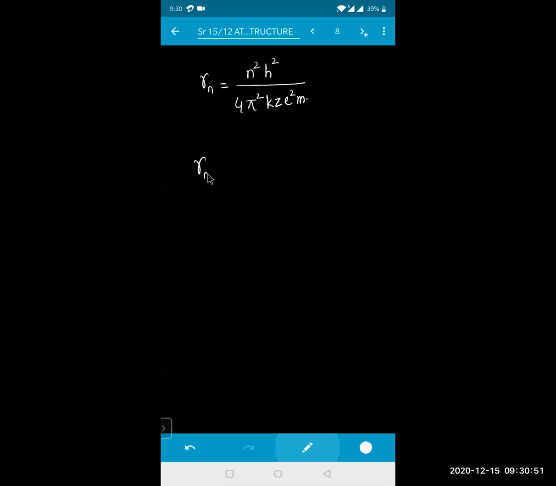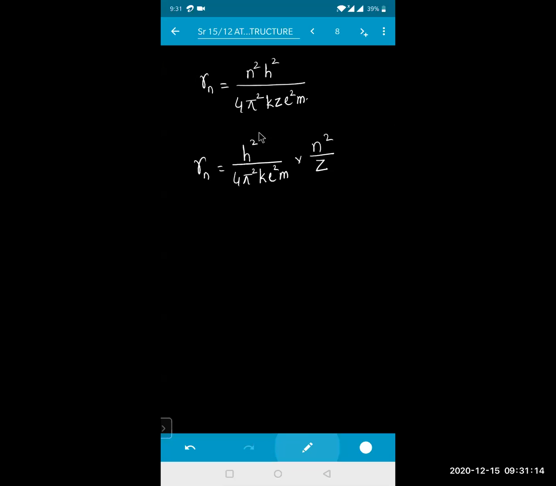So the radius of the nth orbit is equal to, all the constants on one side, h square is a constant, 4 into pi square is a constant, k is a constant, e square is a constant, m is also a constant. The thing which is variable in this is nothing but of your orbit, so it is n square divided by your atomic number, that is nothing but Z.